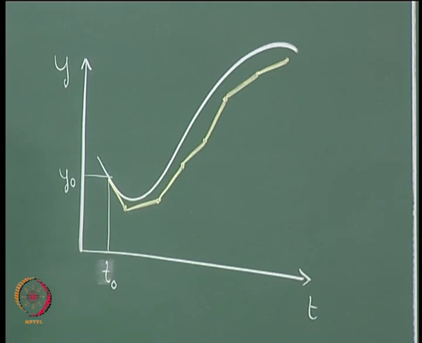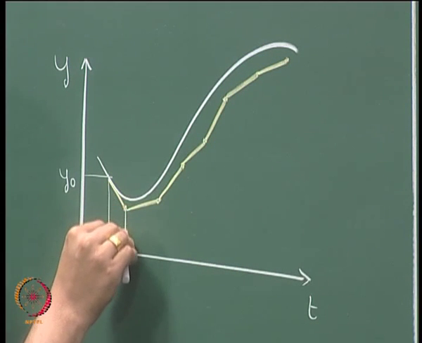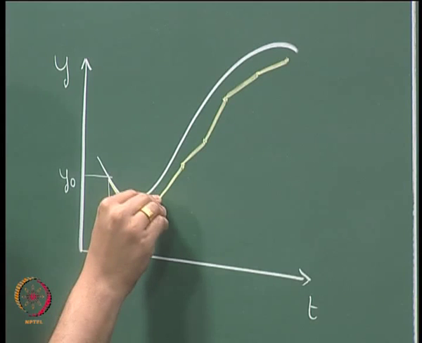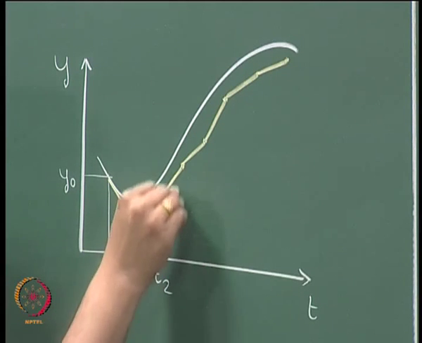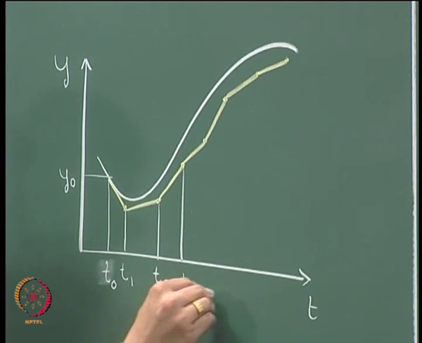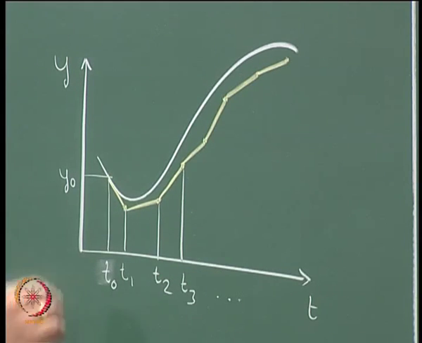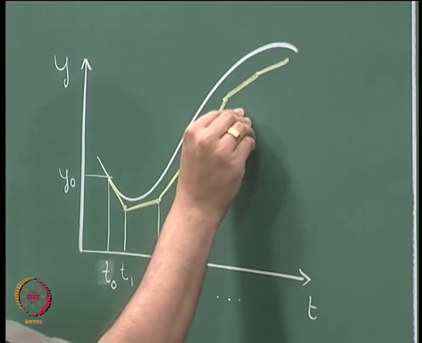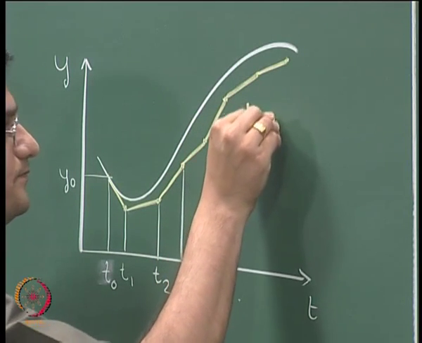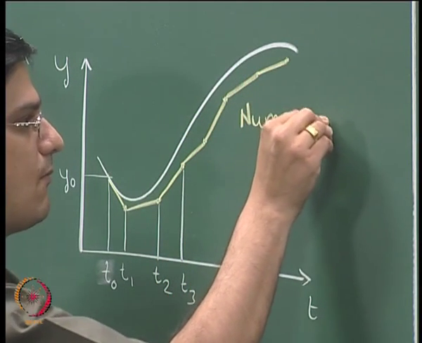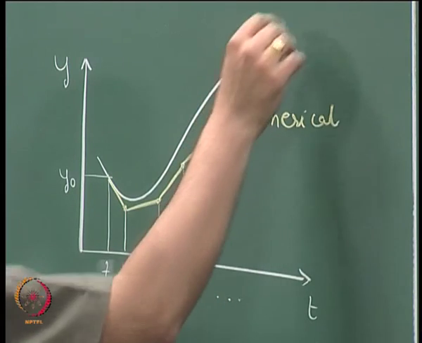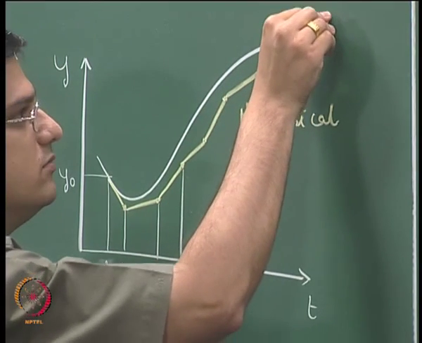As the time t progresses from t0 to t1 to t2, t3 and so on, we are going to get the yellow curve. The yellow curve is the numerical solution, and the white curve over here is the true value.